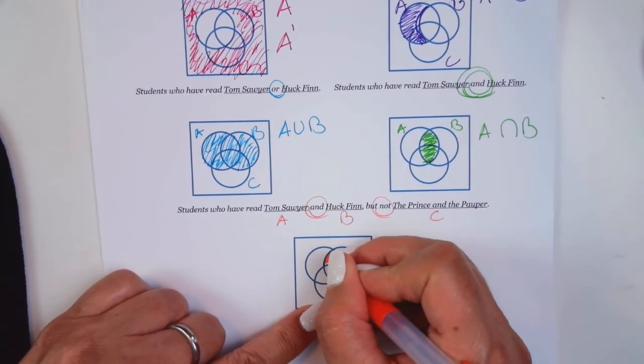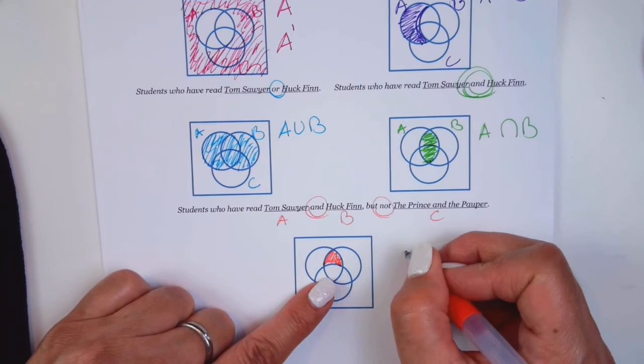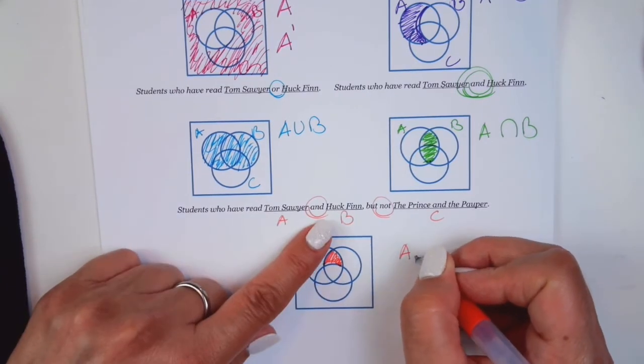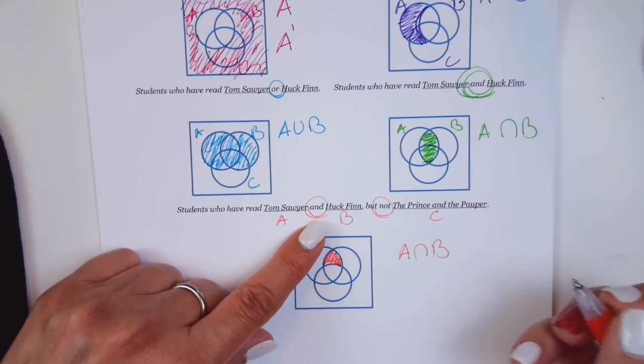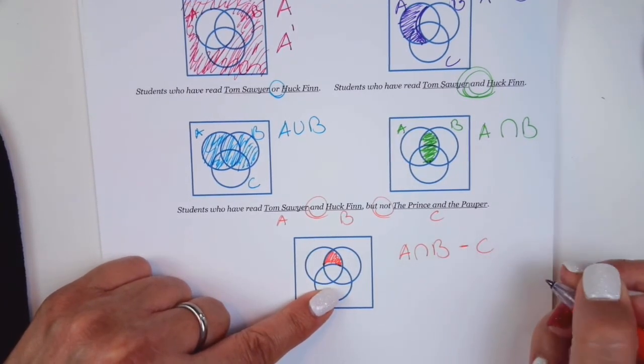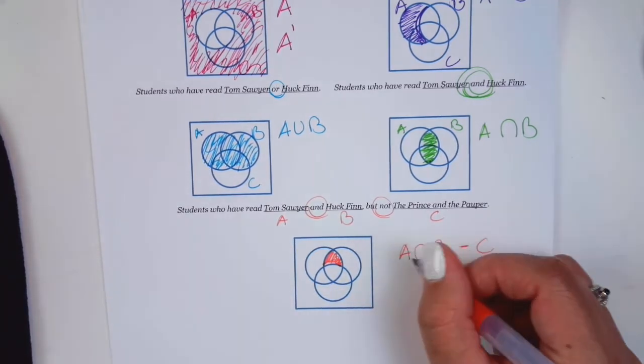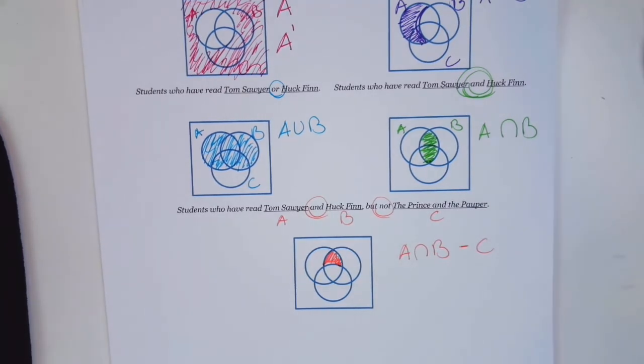So it's just this part here. So we would have the intersection of the sets and then the set difference of set C. And we would do it in this order: first the intersection and then the set difference.